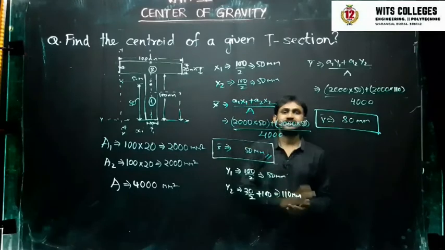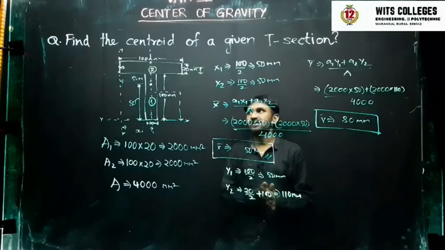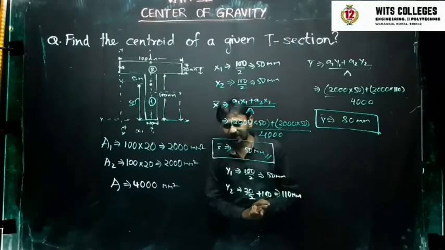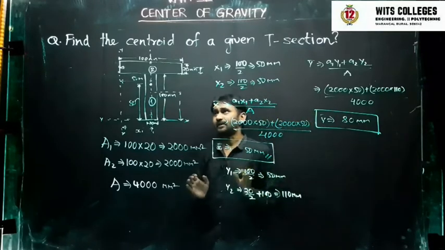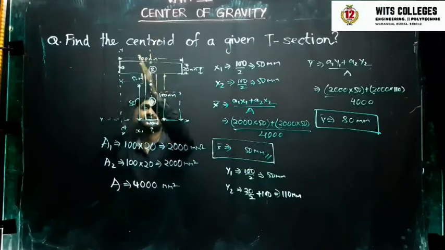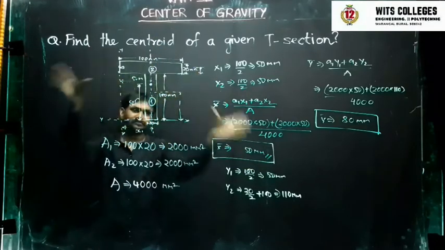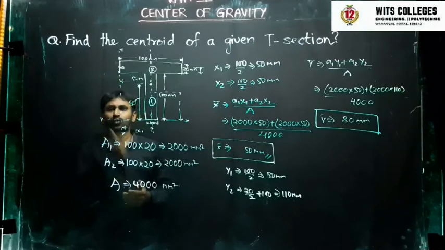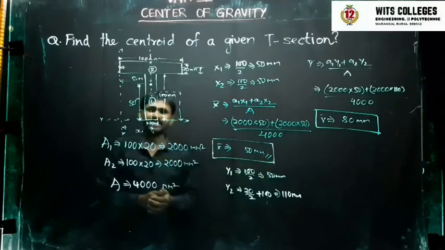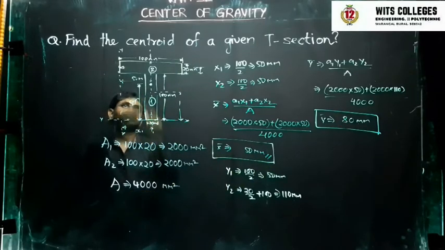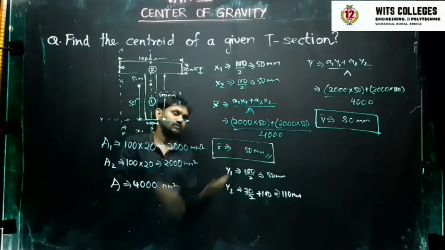And one more thing is a very simple concept: it is a symmetrical section. In symmetrical sections x bar will come automatically. For example, if I divide this symmetrical section vertically, it is going to split into two equal halves, so whatever the maximum distance at the top is, that divided by 2 will be your x bar in any case. So this is 100, now 100 by 2, 50.